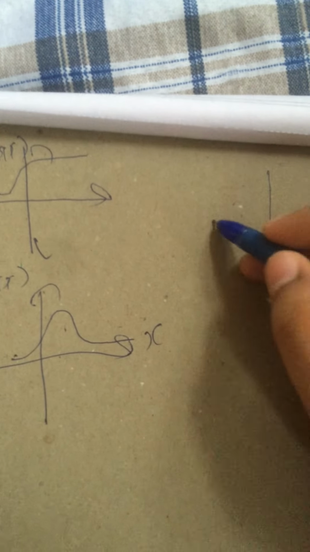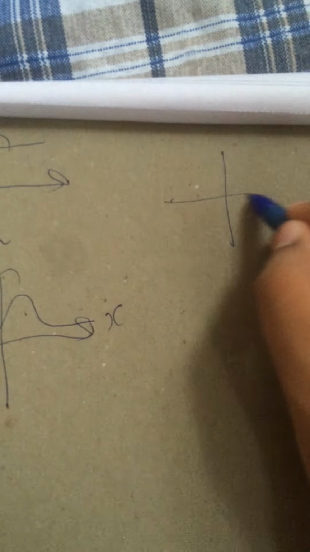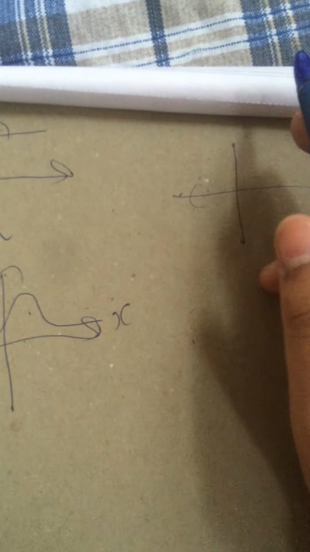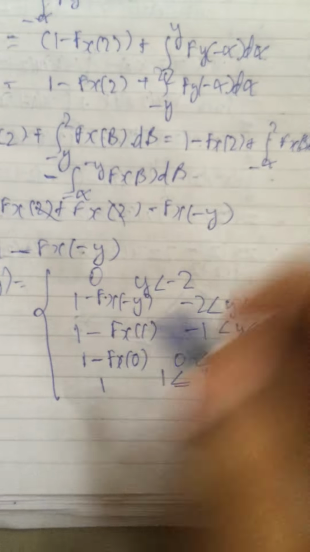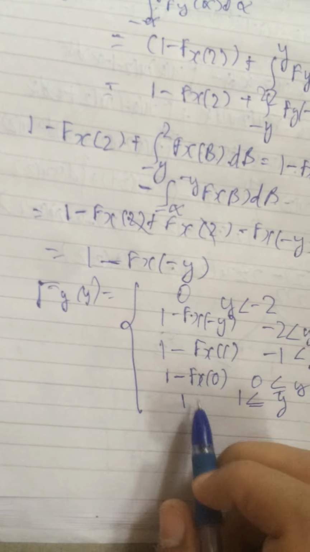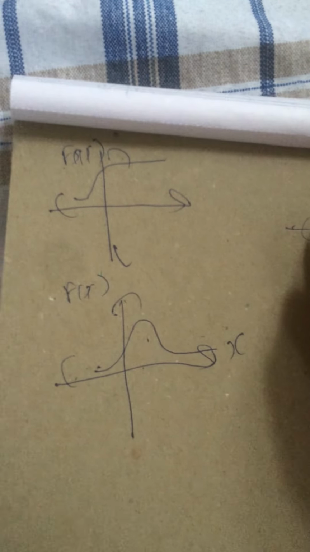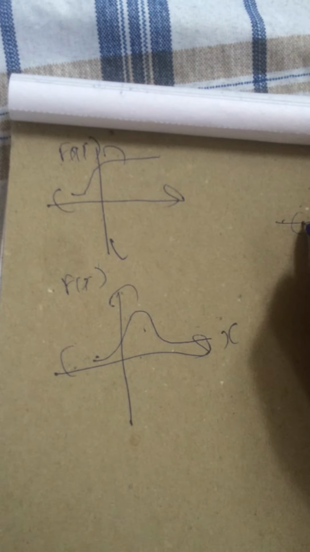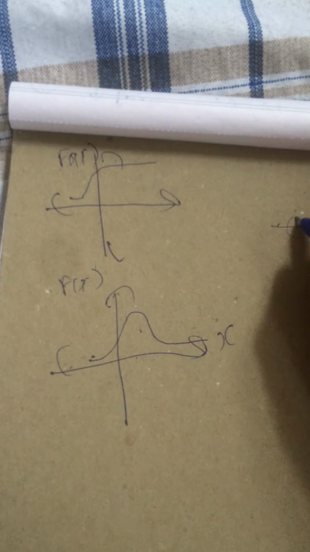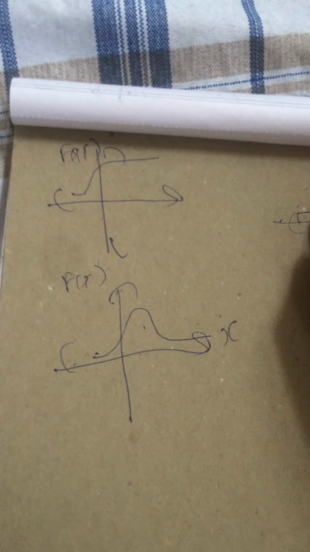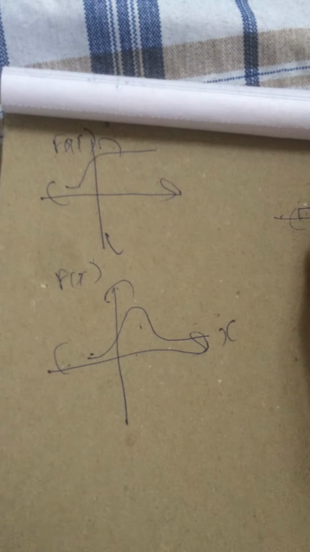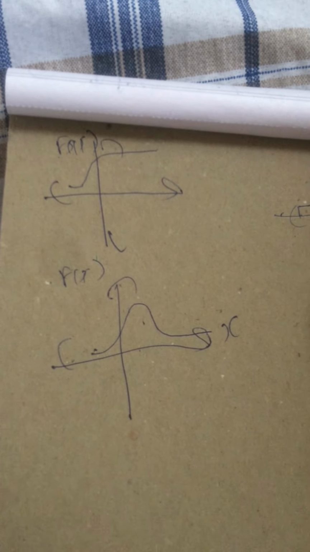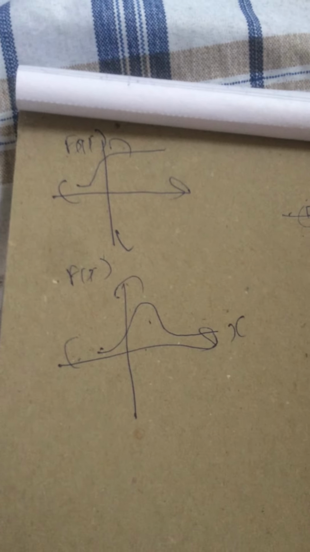Now plotting Fy of y. We already know the different values which we can take from here. These are the values of capital F of y, and using it we can plot the equation for values between minus 2 and minus 1, and then minus 1 to 0, 0 to 1, and for values greater than 1, the answer is this.